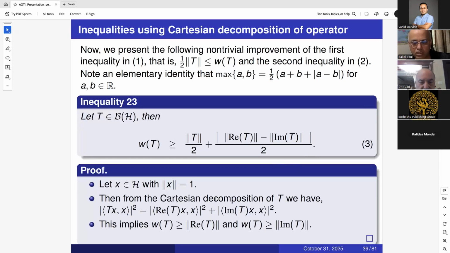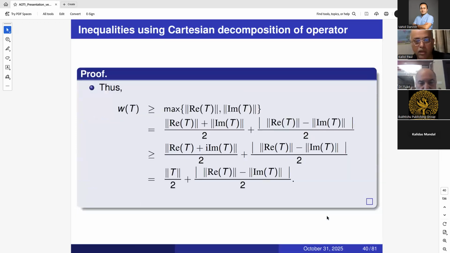So here also, again, we go to this Cartesian decomposition, right? Instead of B and C, we are writing it as the real part of T and the imaginary part of T. So here also we can see that w(T) is greater than or equal to the maximum of the norm of the real part of T and the norm of the imaginary part of T. Then you just apply that max of a comma b, which is just the application of what we just talked about: (a plus b)/2 plus |a minus b|/2. So again, you can see that this is greater than or equal to the norm of real T plus i times imaginary T by 2, so this part comes to norm T by 2.